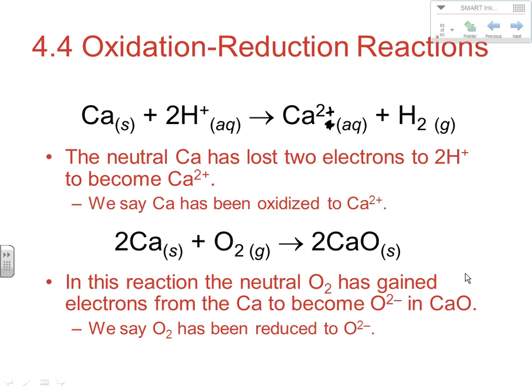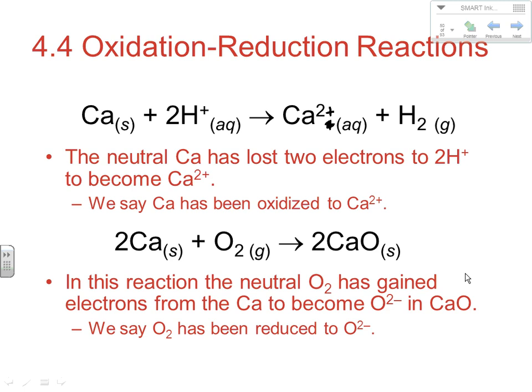O2 is neutral. It has no charge written in the upper right-hand corner, and it's become O2-. Well, the only way to become more negative is to gain electrons. And Leo goes grr. Loss of electrons oxidation, gain of electrons reduction, or oil rig. Rig, reduction is gain of electrons. So we say O2 has been reduced.